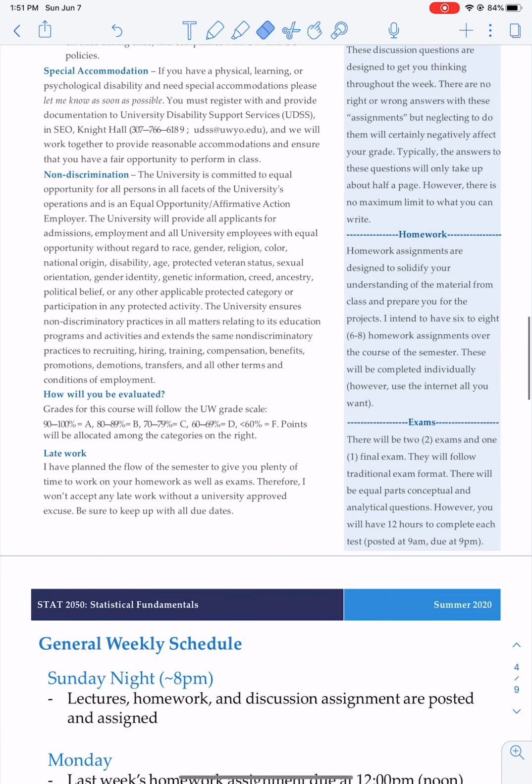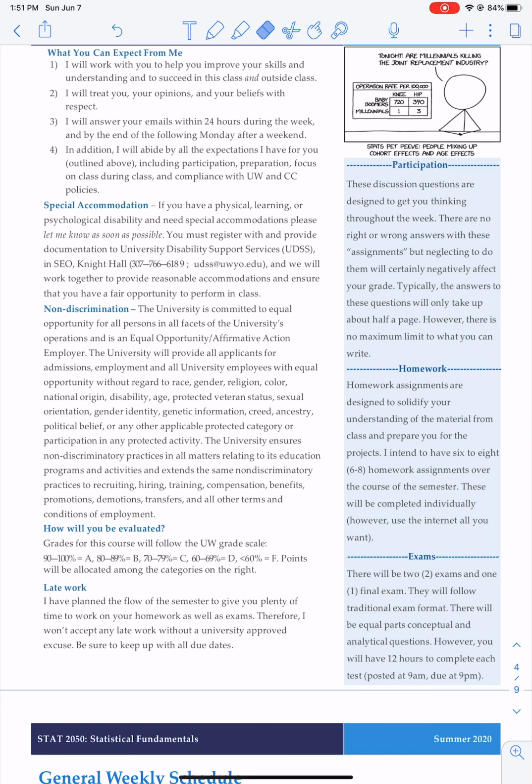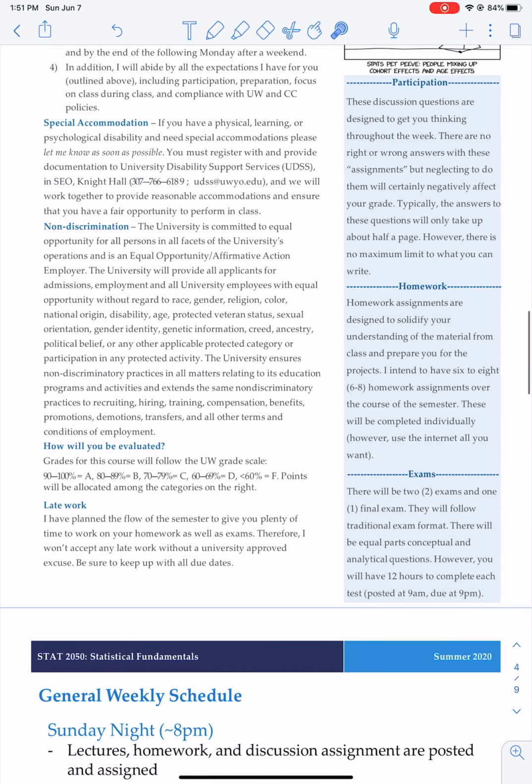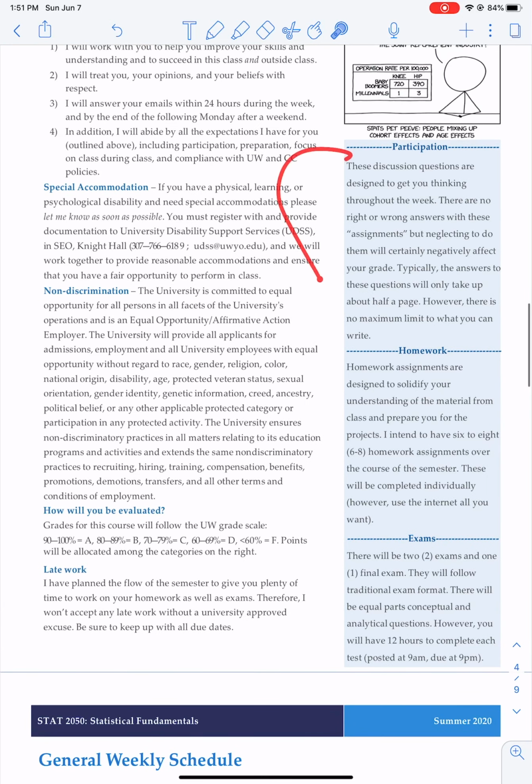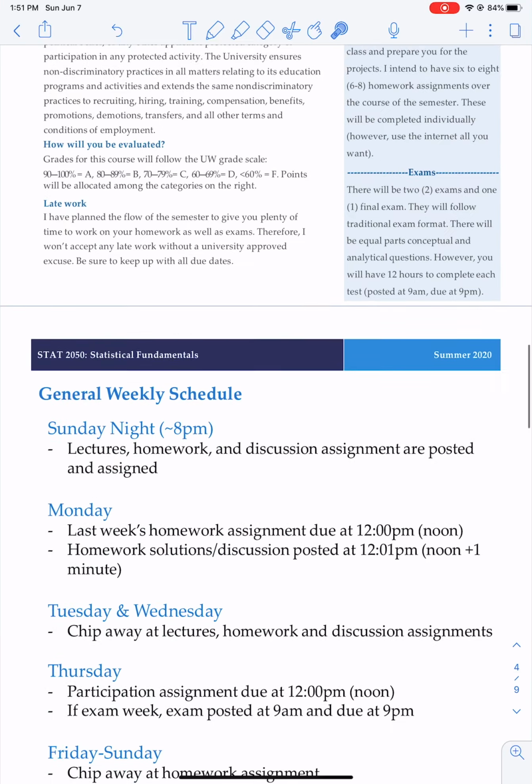This will be your more math-oriented stuff throughout the week, but nothing too crazy. And then you have exams, a good mix of these two things here. So more on that in the future, but for now, you can read this all you like.